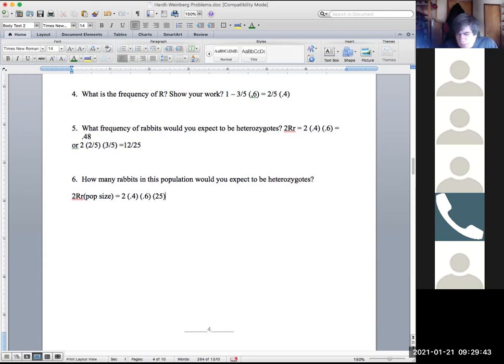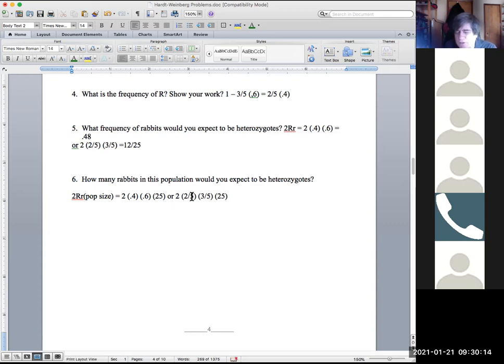So this is going to be 2 times 0.4 times 0.6, or if you're doing it with fractions, this is 2 times 2/5 times 3/5. It still has to be multiplied by the population size.